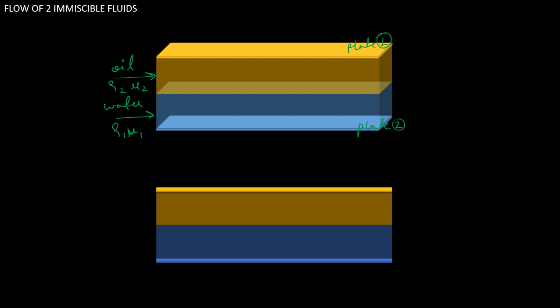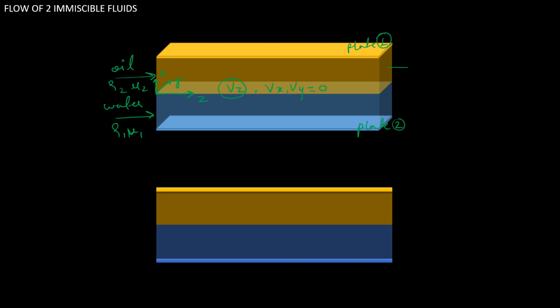Alright, now this flow of liquid is in horizontal z direction. So in z direction, velocity is vz, and for x and y direction, velocity vx and vy is equal to 0. Now let's consider this fluid.